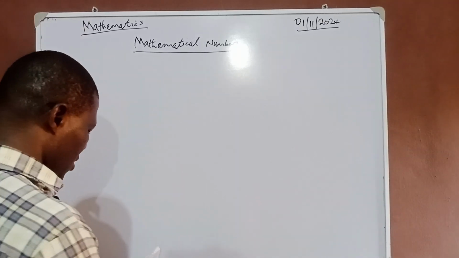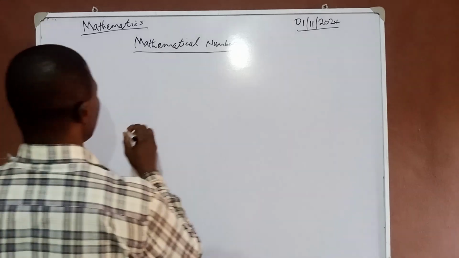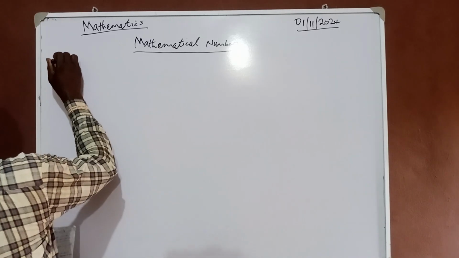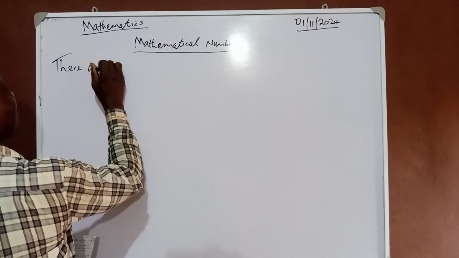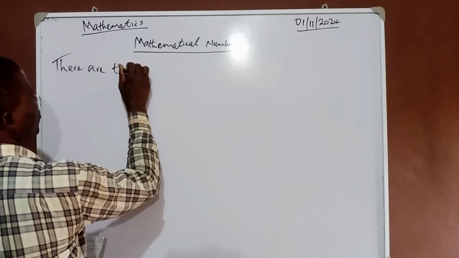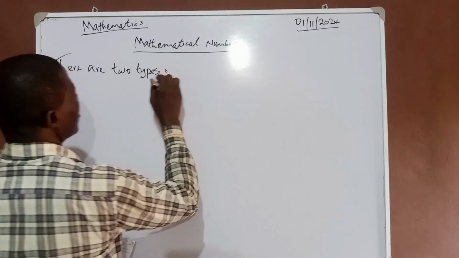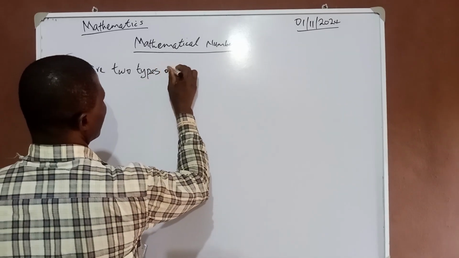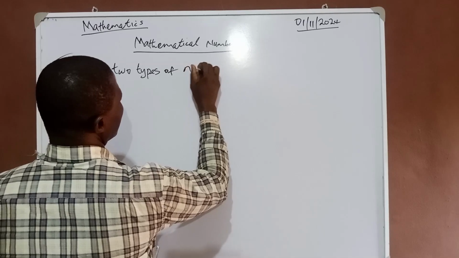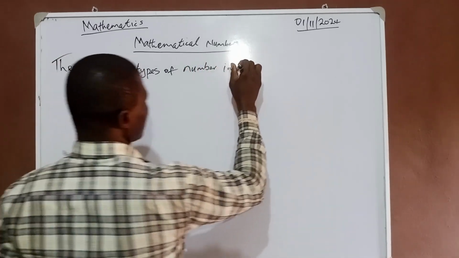numbers. In mathematics, we have two types of numbers. There are two types of numbers in mathematics.